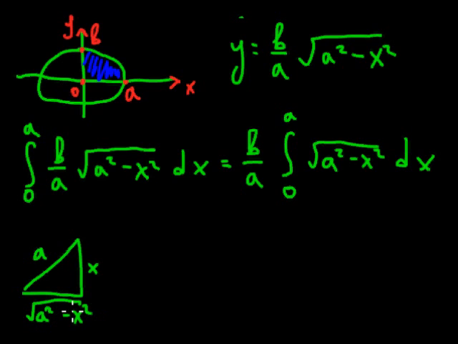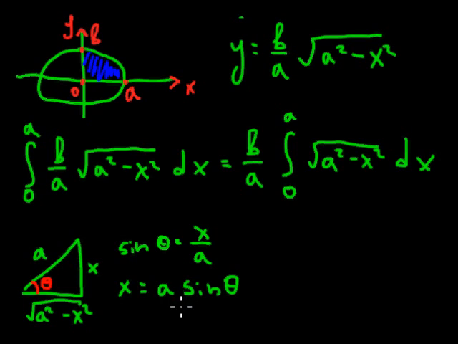It's Pythagorean theorem. And let's introduce new variable theta, and we can write ratio sine theta equals x opposite over hypotenuse, x over a. And then if you solve it for x, we can get x equals a times sine theta.